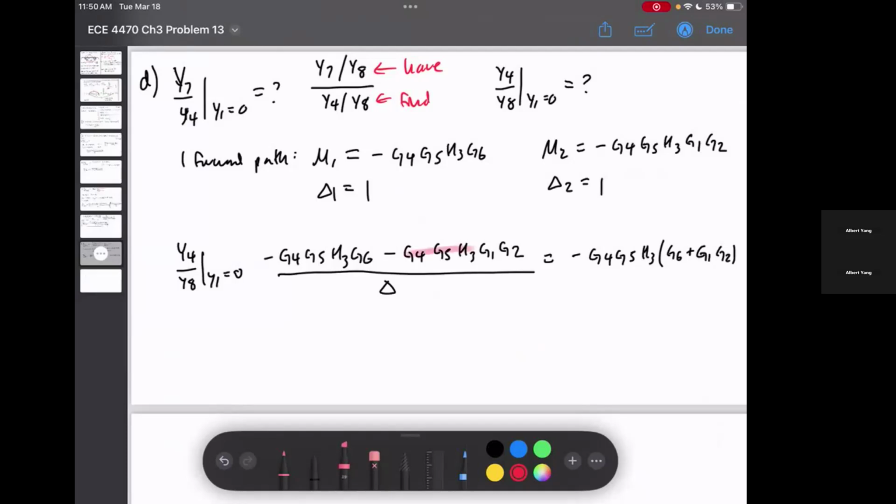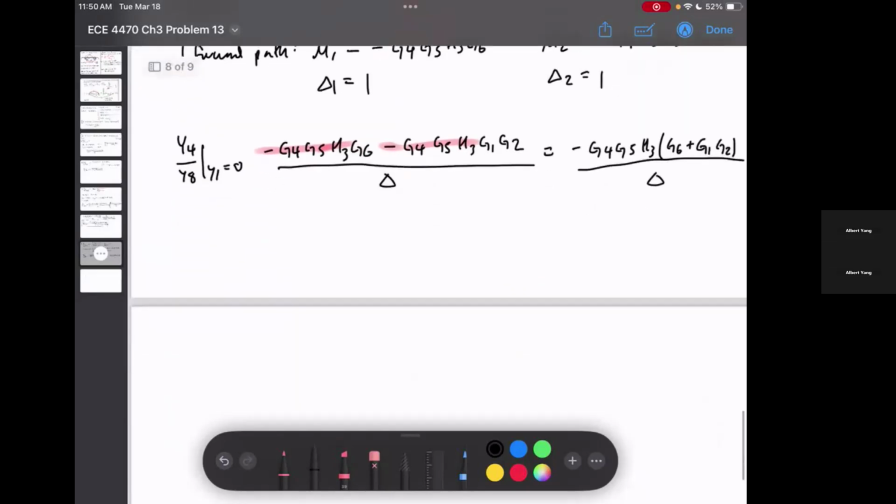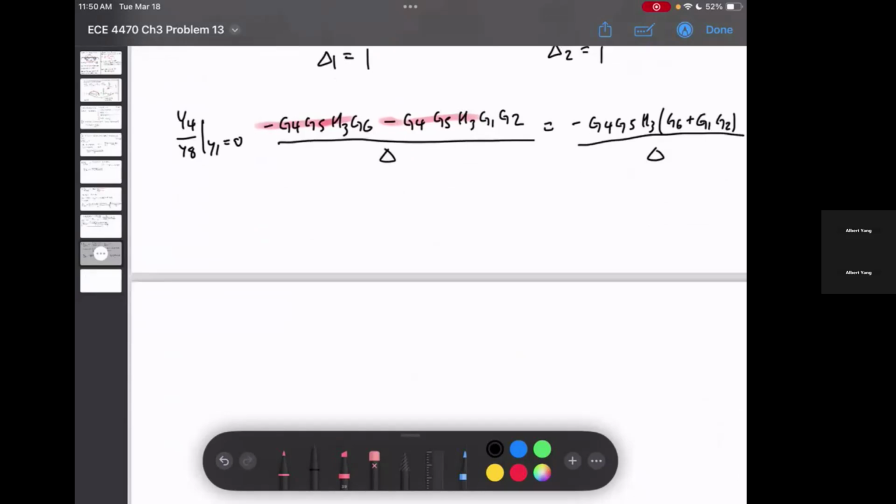So this gives us the G4, G5, H3 times G6 plus G1, G2 over the delta. And that's the y4 over y8.